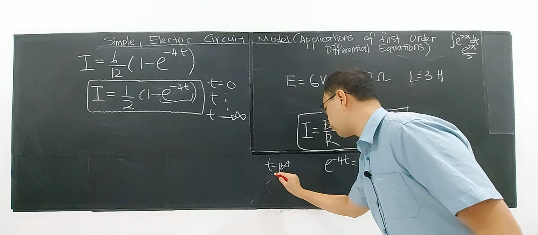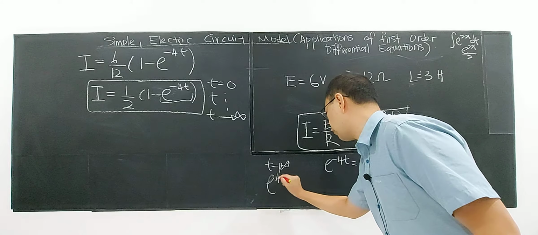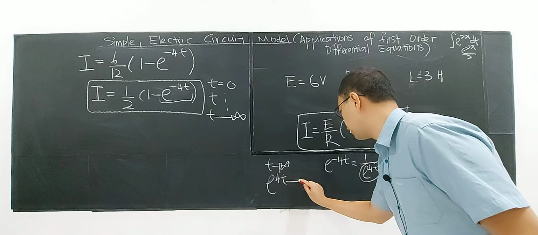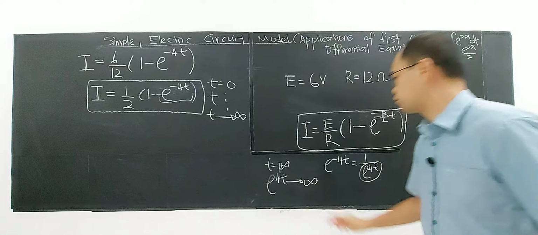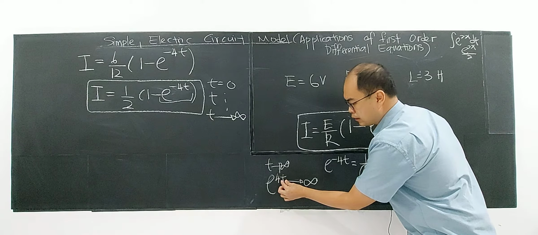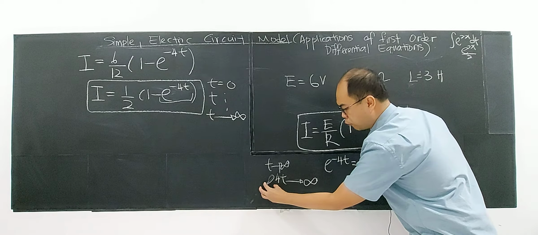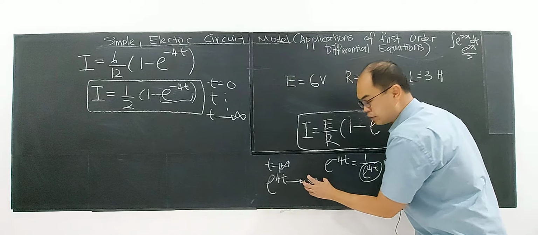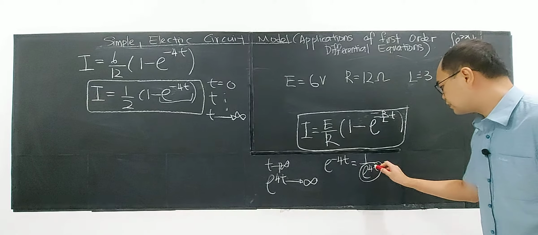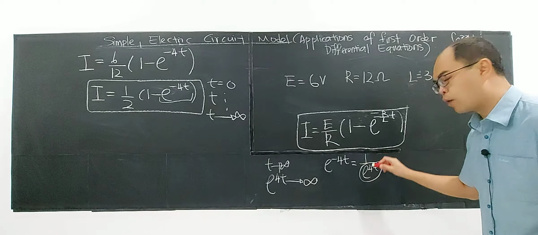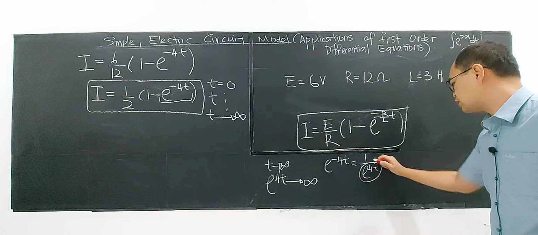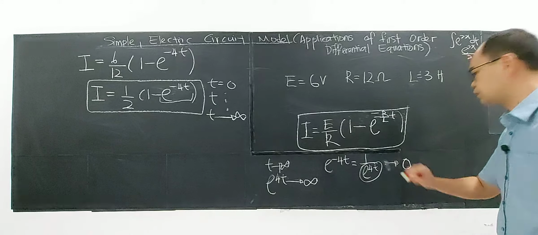The e to the power of 4t also approaches infinity, because as the value gets bigger and bigger, an exponential gives a very big value. So it is 1 over infinity, meaning a number divided by a very big number. Of course, this whole thing will approach 0.